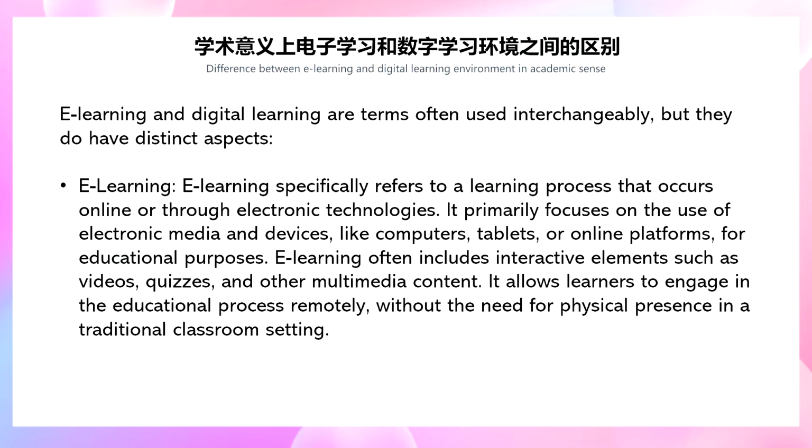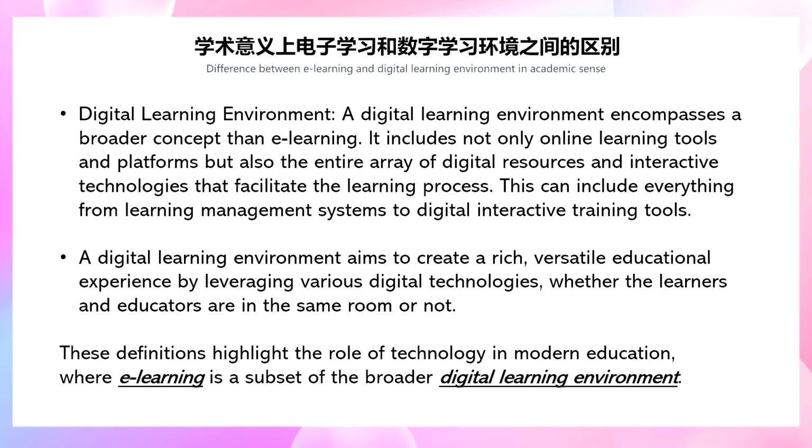E-learning often includes interactive elements such as videos, quizzes, and other multimedia content. It allows learners to engage in the educational process remotely without the need for physical presence in a traditional classroom setting.